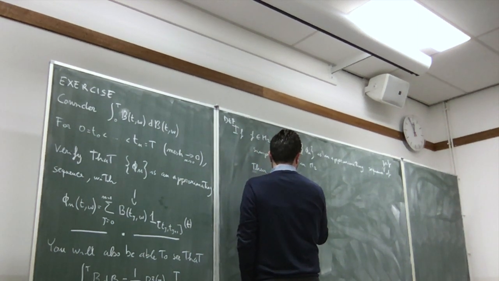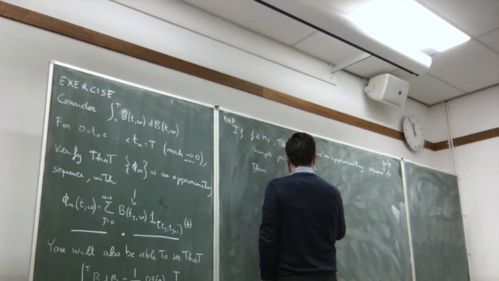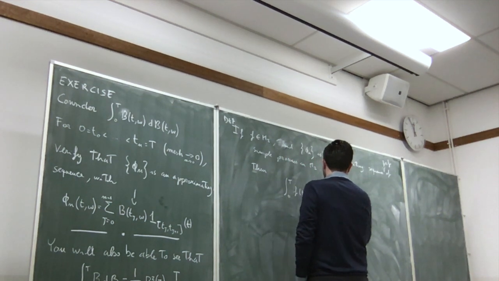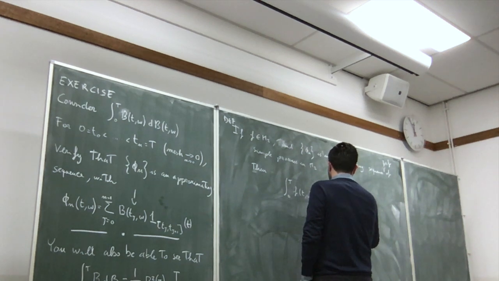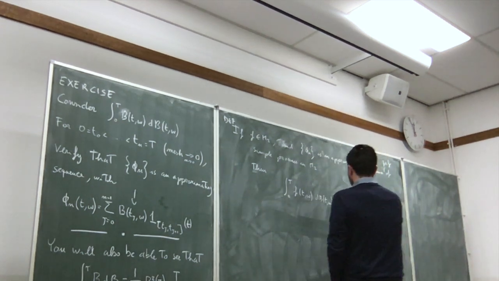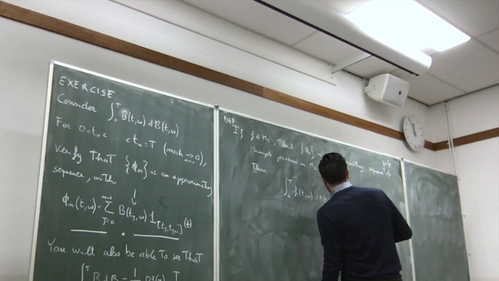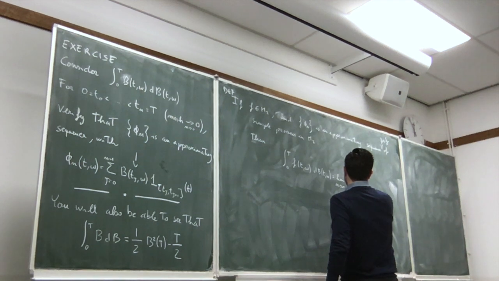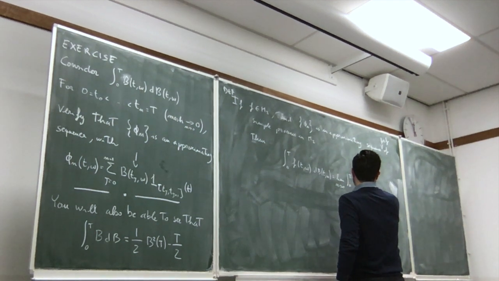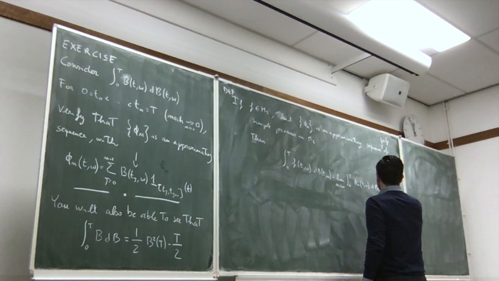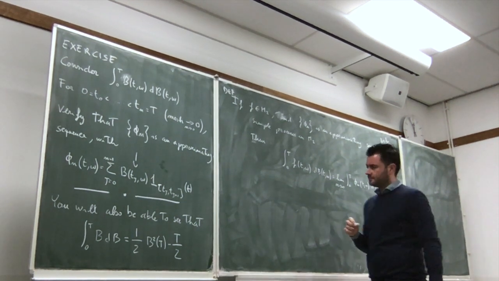the integral between 0 and capital T of f_t(omega) dB_t(omega) is defined as the limit of the integral from 0 to T of phi_n(t, omega) dB_t(omega).